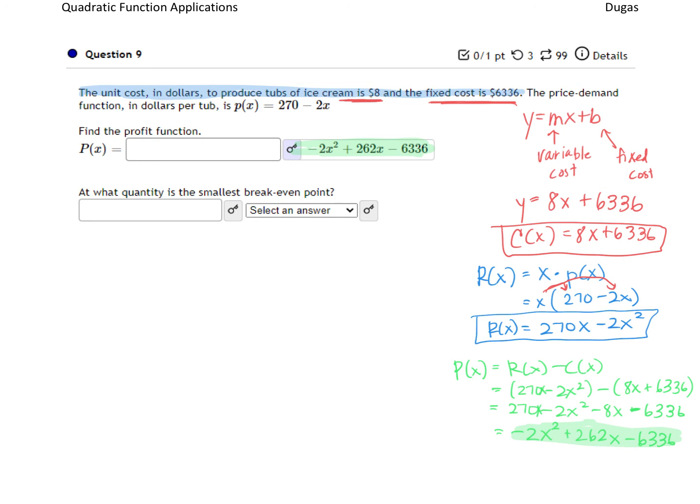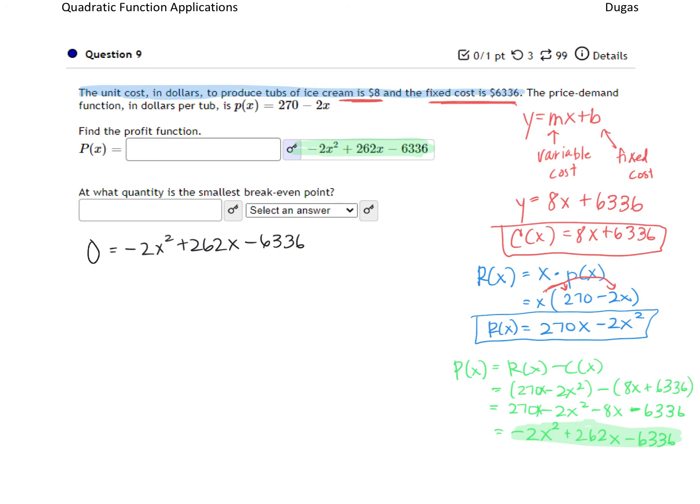So since we have the profit function, we know that's negative 2x squared plus 262x minus 6336. We can just set that equal to 0 and solve. So if the profit is 0, then we'll have a break-even point.